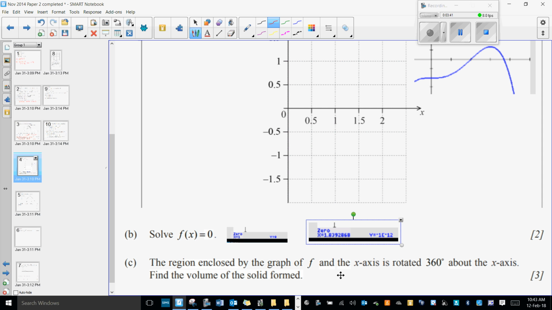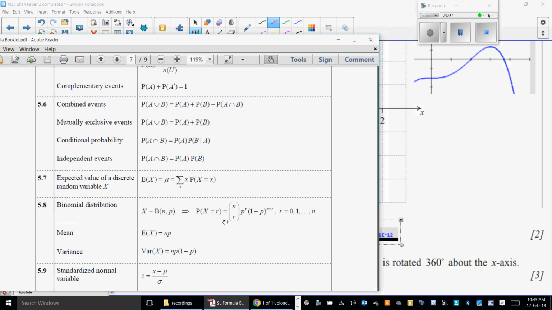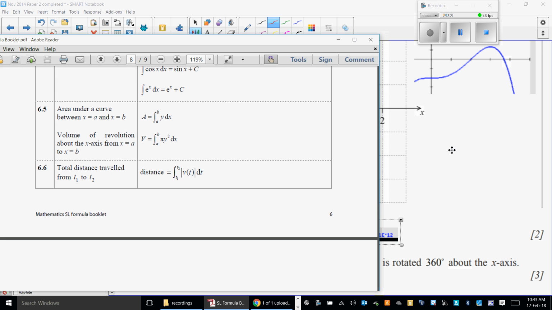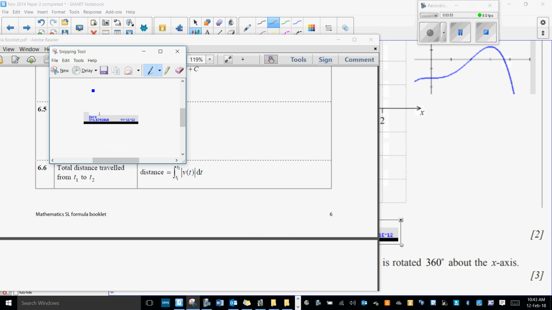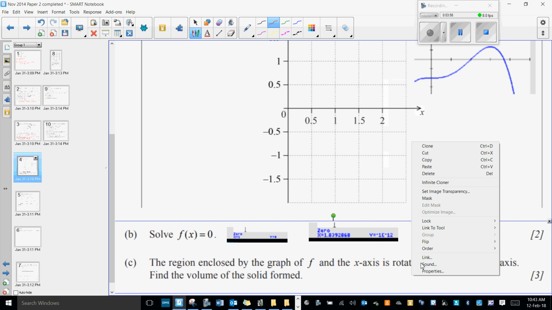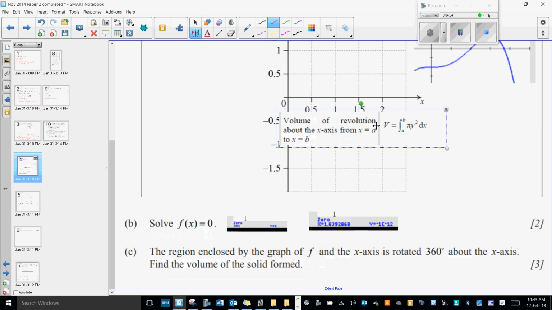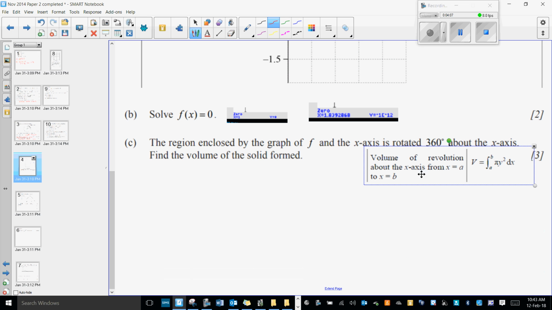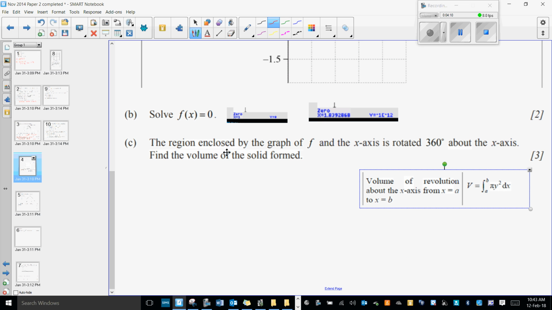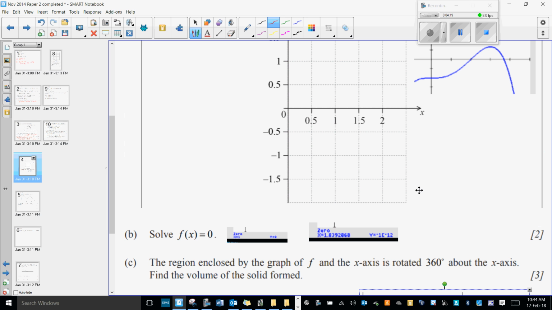Okay, so we're doing volumes of revolution. Here we go, volumes of revolution. The region closed graph, the F. Okay, so they're going to be our two limits.